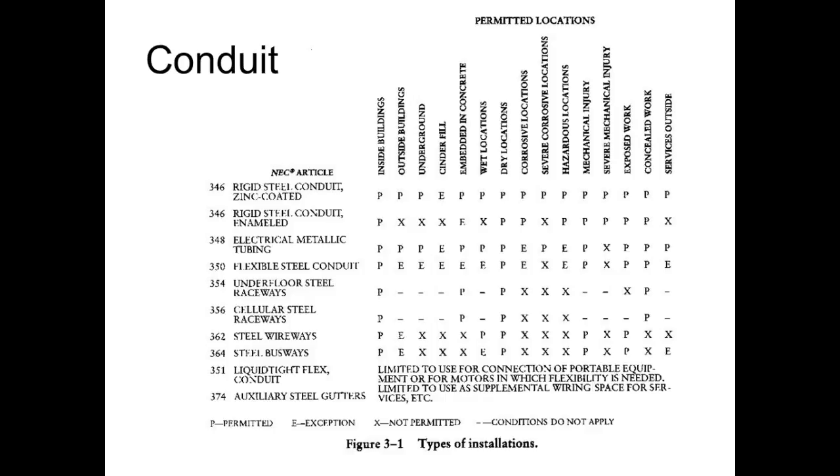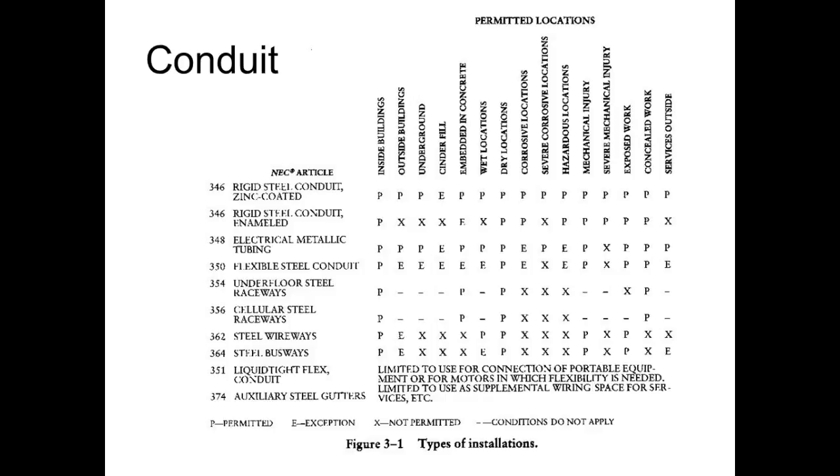Rigid is hard to bend, especially with a foot bender. So we'll show you our foot bender that we use to bend EMT. Rigid is real hard. Sometimes you can bend it with a foot bender, but you got to do it in tiny increments, a little bit at a time. It takes a long time. So normally with rigid conduit, you buy the joints, the bends and the curves and everything you want, and screw them on.